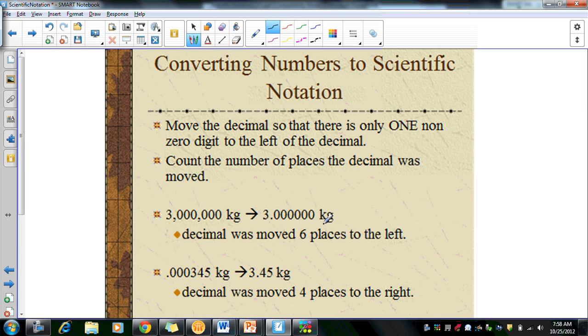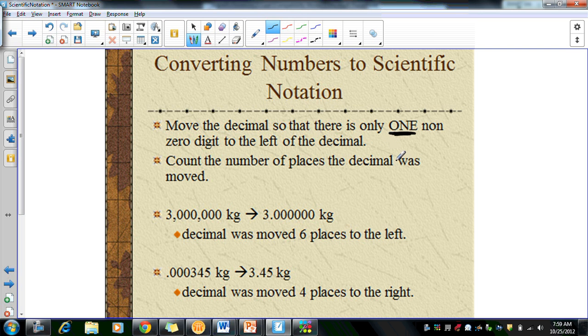So now let's talk about how you convert these numbers to scientific notation. So the first thing you have to do is move the decimal. Whether there's an actual decimal or an implied decimal, you move the decimal so there is only one non-zero digit to the left.